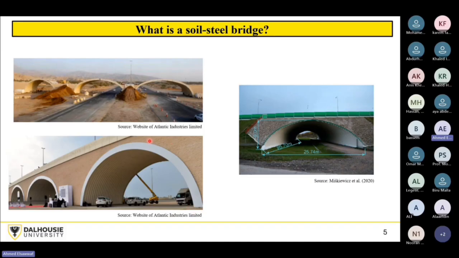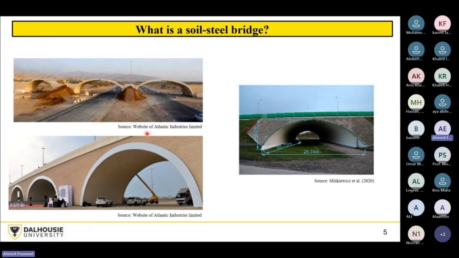About 20 years ago, the largest soil steel bridge in the real world was about 10 or 11 meters. But right now, due to the advancement in construction and in the industry, we can see spans reaching up to 32 meters.